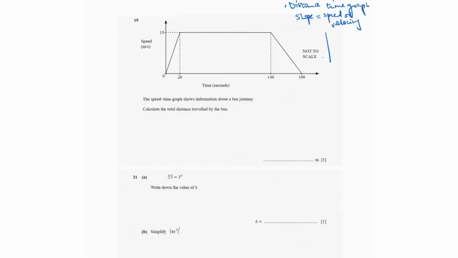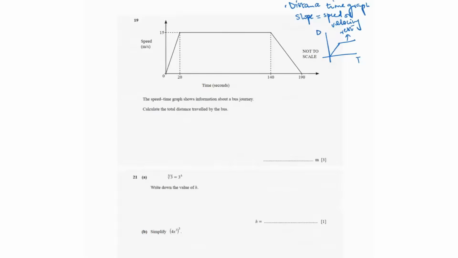Then in a distance time graph, this is your time, this is your distance. If it's going like this, your distance is increasing, so your speed is also increasing. If it's going like this, the distance is constant, that means it's at rest. Because obviously, if no distance is being covered, that means the object is not moving, which means it's at rest. That's a horizontal straight line for a distance time graph. It's at rest.